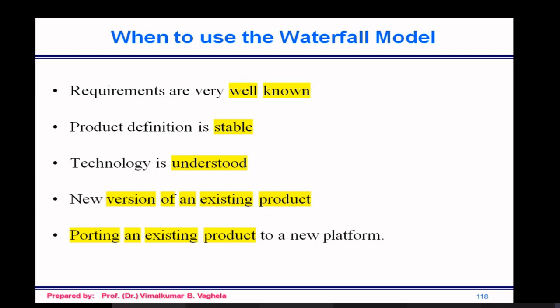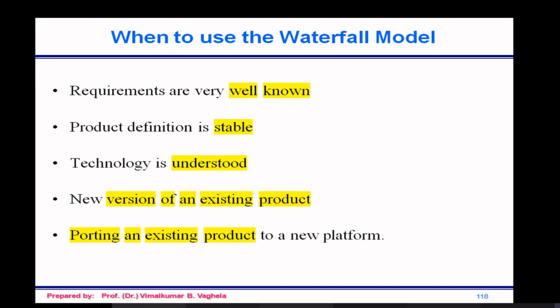Then blindly you can adopt a waterfall model. Product definition is stable, meaning whatever requirements we have collected from the customers or stakeholders are not going to change. Then we start with the waterfall model. If we understand the technology properly, then we can start with the waterfall model.